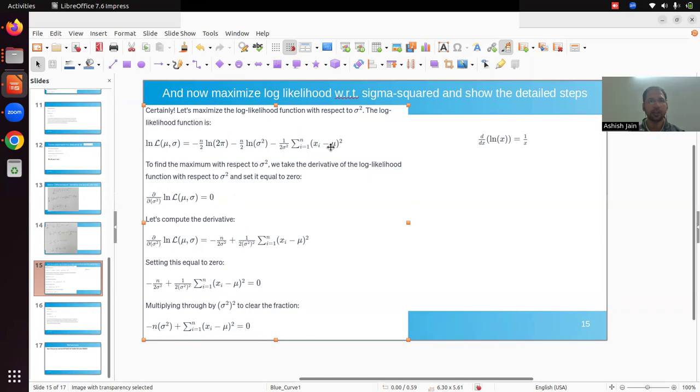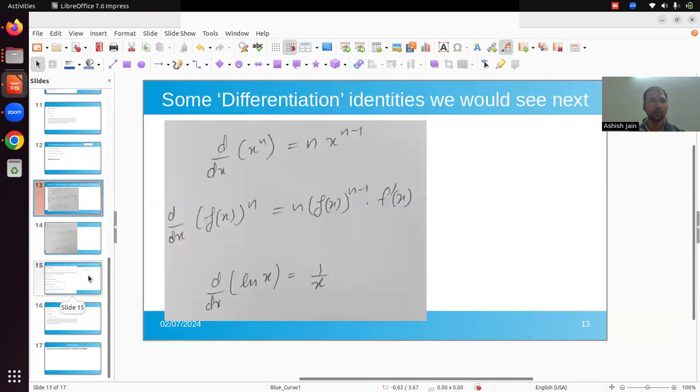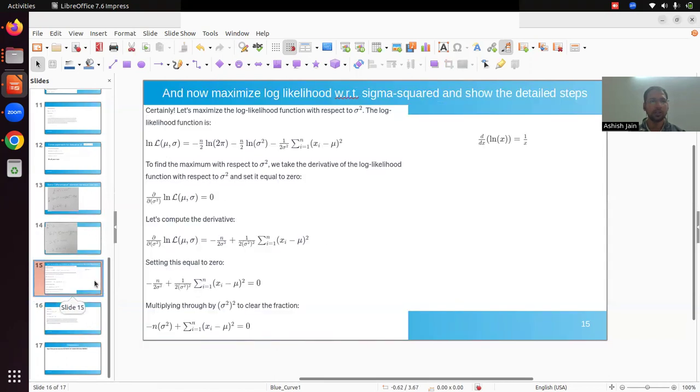And this expression inside the summation does not contain sigma squared, so this will be treated as a constant, and we'll use the power rule to solve for the expression 1 upon sigma squared.